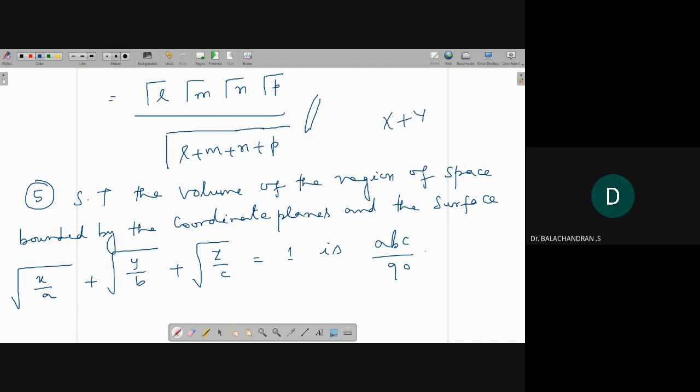I told that x plus y plus z equal to 1, so z varies from 0 to 1 minus x minus y. After the projection, y varies from where to where? Y varies from 0 to 1 minus x. And then x varies from 0 to 1. That's all. So this is the idea.